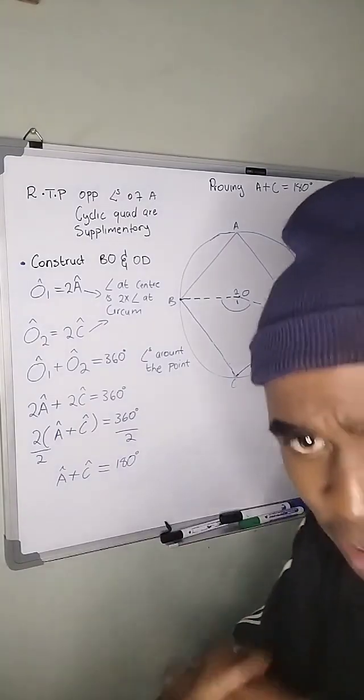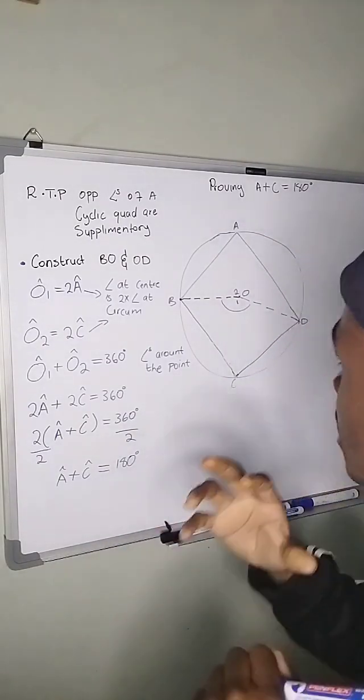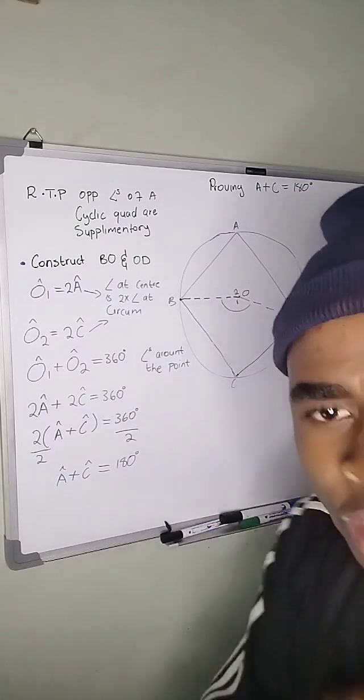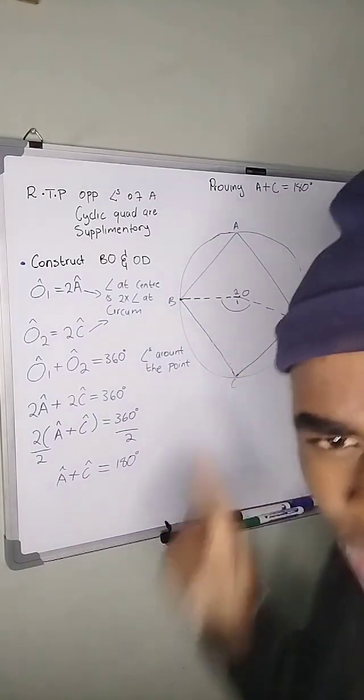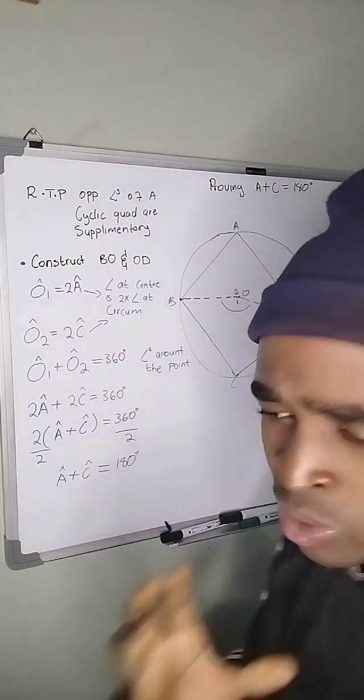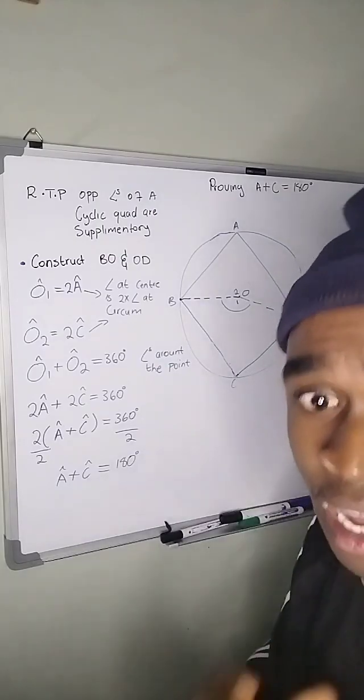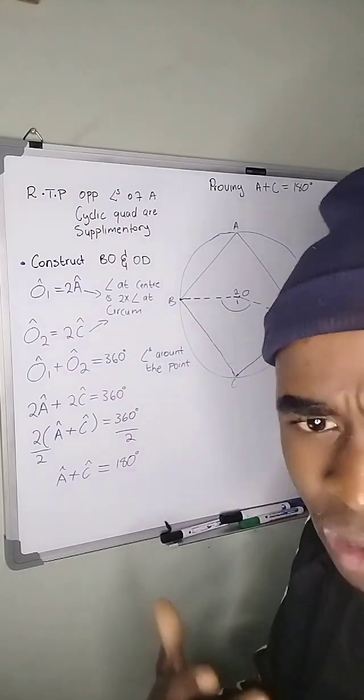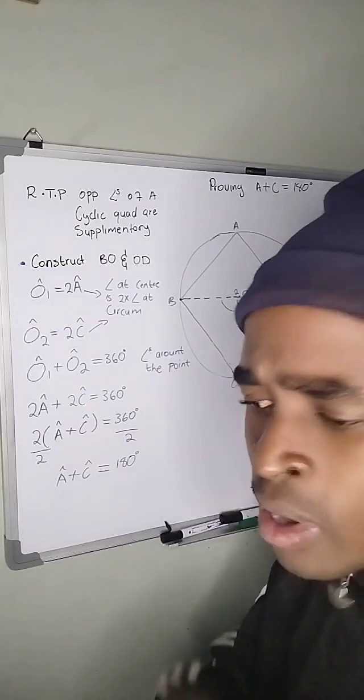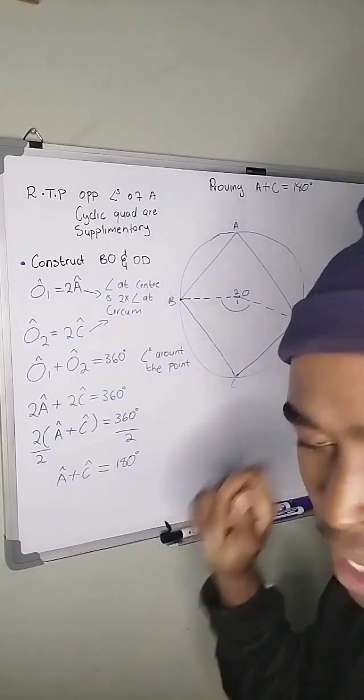Guys, don't miss a point. If you feel you're not familiar with theorem 2, I suggest you go back to theorem 2 and solve the equations of theorem 2. But don't worry, stick around. Now I'm going to prove another theorem.